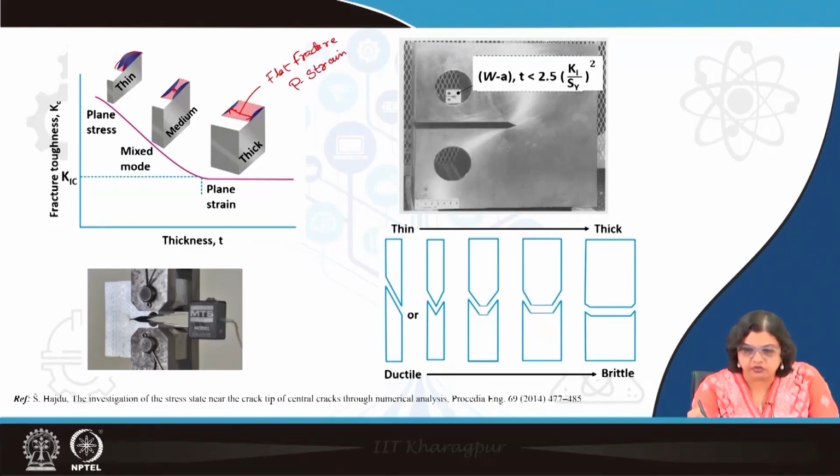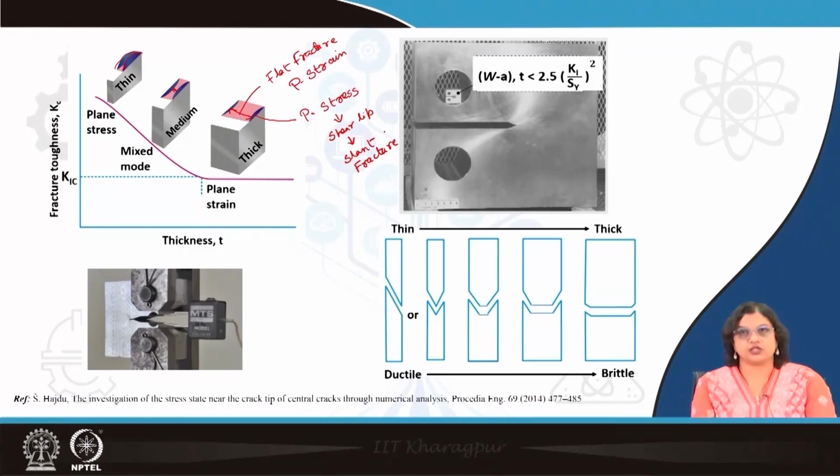Now, if you recall the lecture, we have already explained that near the center there will always be plane strain active, and near the edges there will always be plane stress, and this plane stress will be reflected as shear lip or slant fracture, right. So, we can figure out how much the shear lip width is, and based on that we can try to find out the fracture surface.